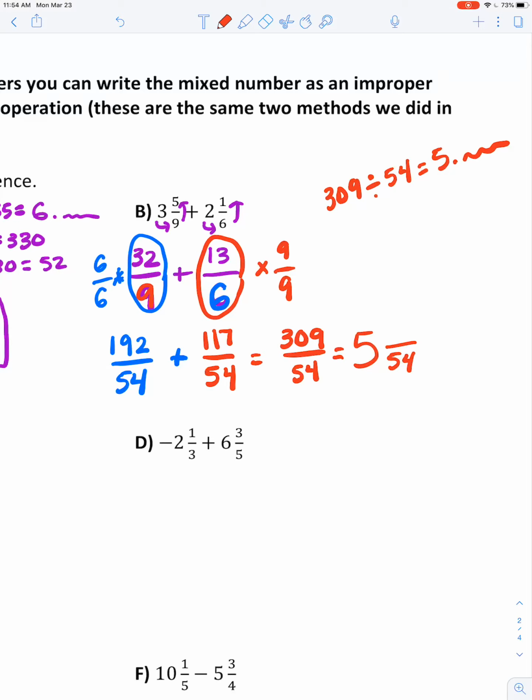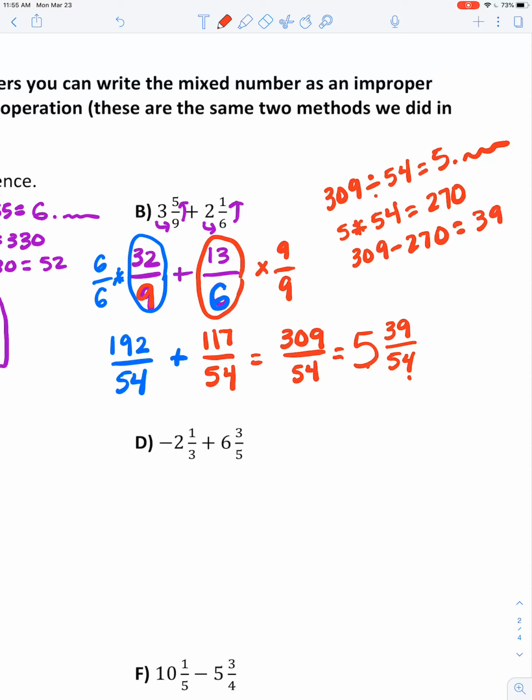So if I want to know how many that actually is, I take 5 times 54, and that should be the number 270. So that's how many I pulled out. I need to know how many of that is left. So if I take my original number 309 minus 270, I will get 39. So that's how many is left over.